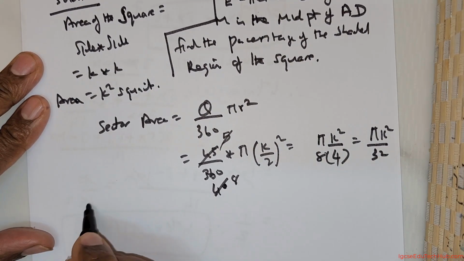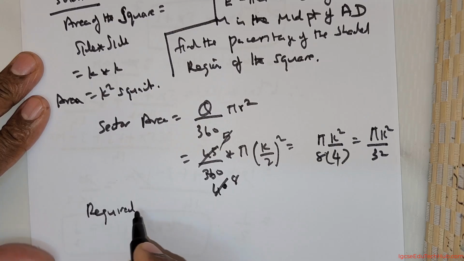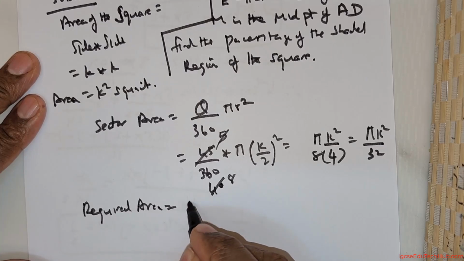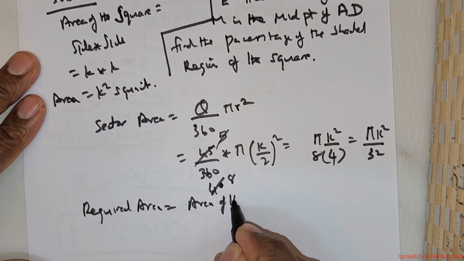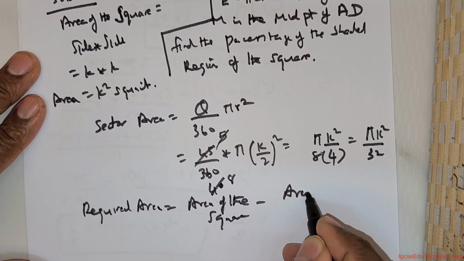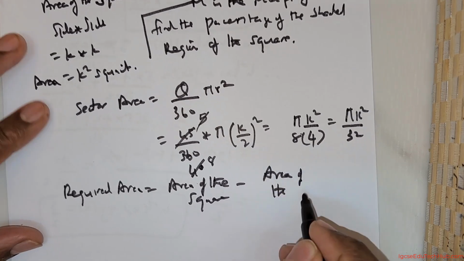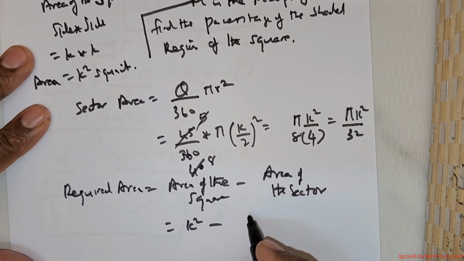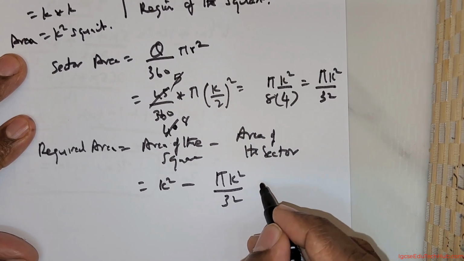So we are actually obtaining the shaded area. So the required area is going to be area of the square minus area of the sector. So area of the square is K squared, sector area is pi times K squared over 32.